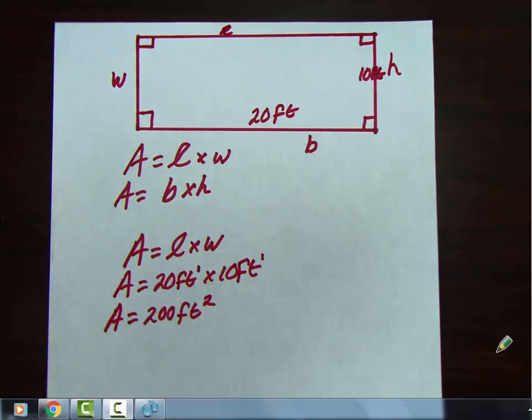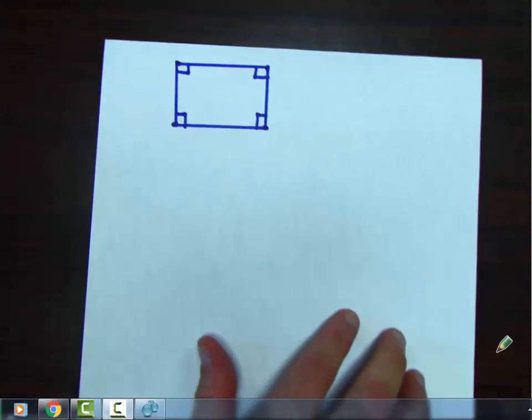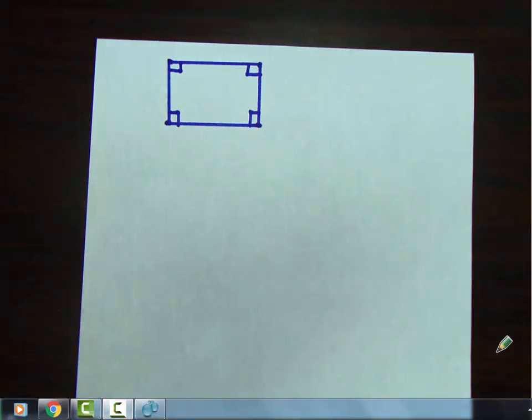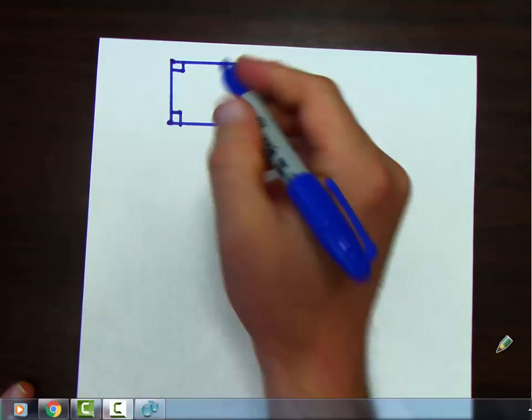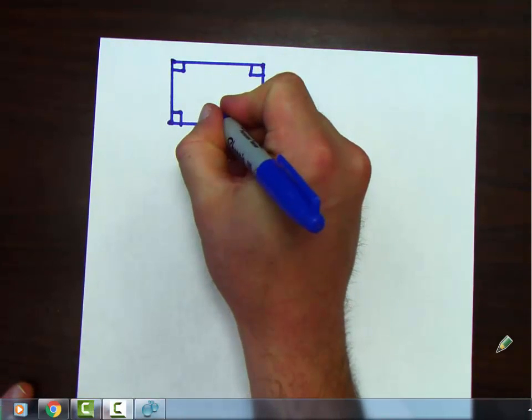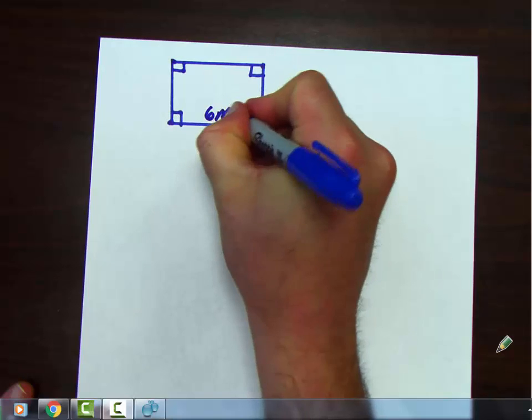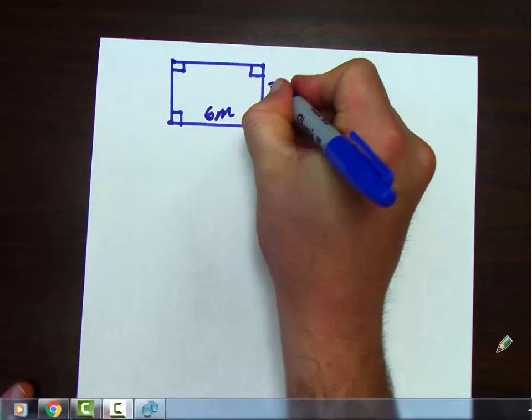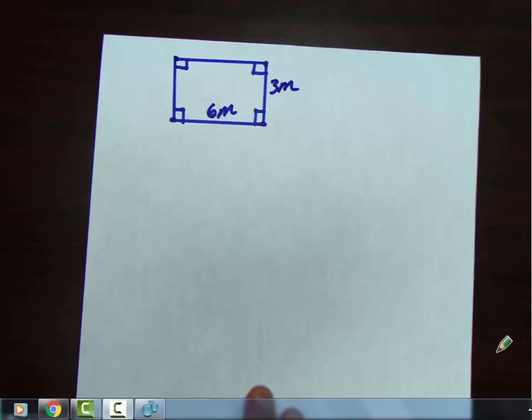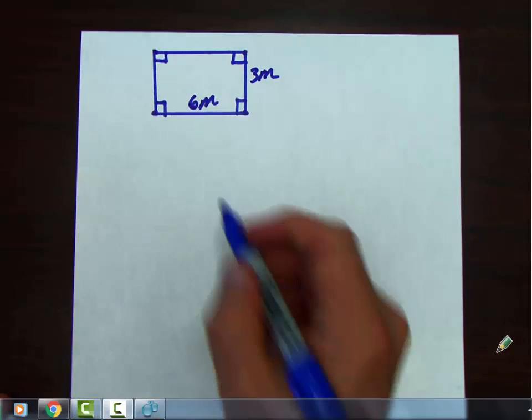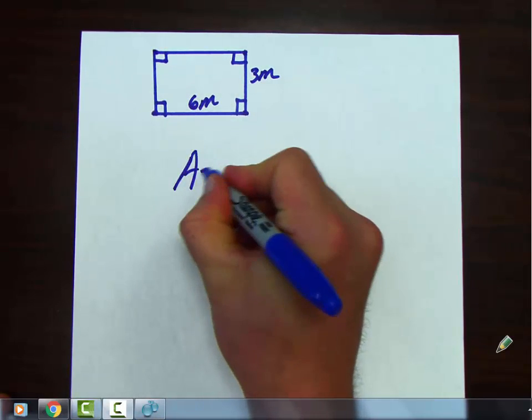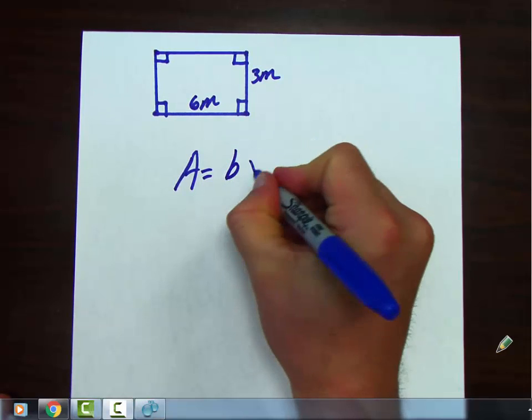Let's look at another one. So here I got 6 meters and 3 meters. So we're going to work it the same way, and go area equals base times height.